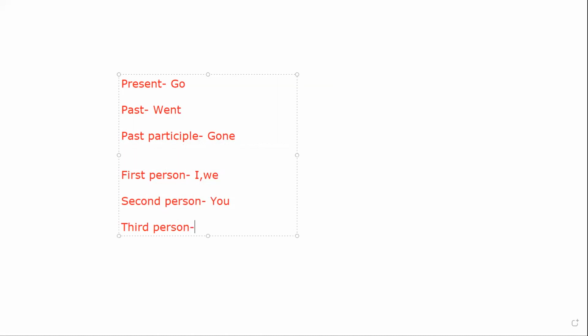Third person, he, she, they. He, she are the third person singular, and they is third person plural. So with I and you, you have to use the form go. As I is singular, but in the first person, you have to use the main form of the verb, that is go. And we is the plural.